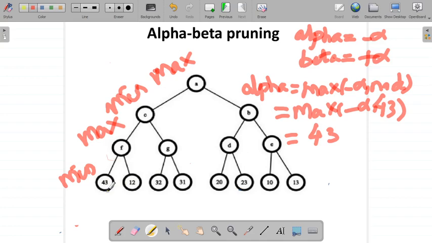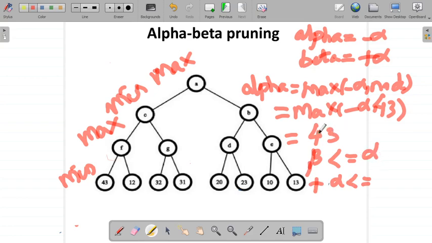Then now we should check the condition to traverse the right child of F. So the condition is beta less than or equal to alpha. So what is the value of beta initially? Plus infinity.